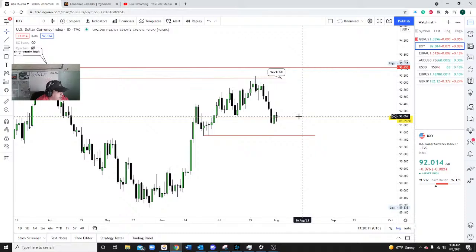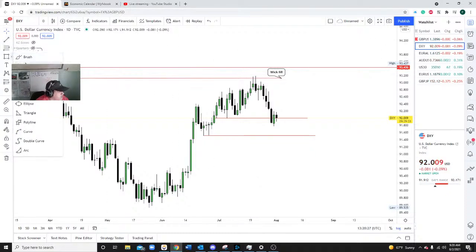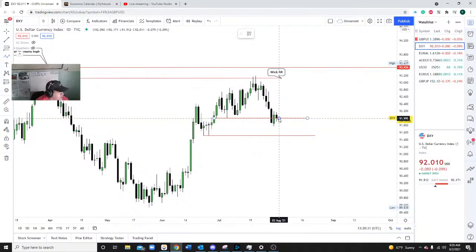Now it looks like we're experiencing a little bit of a pullback for dollar. Looking at how on Friday the candle closed, it kind of made a rebound, and today it looks like we set the low of the day and now we're going on to make our high. So ultimately, what could be happening here is, let me get my draw tool, we get a pullback just to continue lower, or we're just going higher.